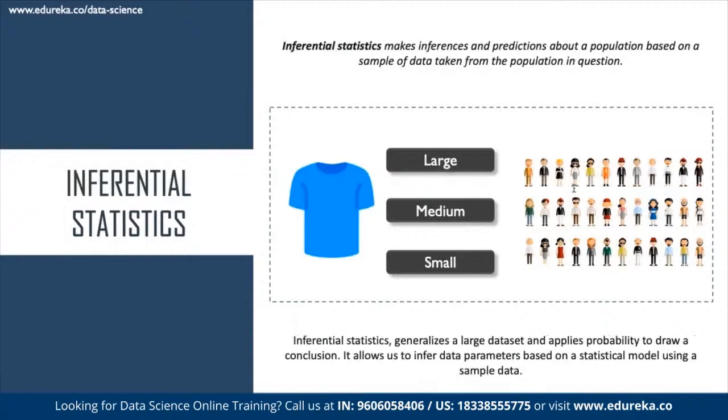And then we have inferential statistics. Inferential statistics basically deals with making predictions about a population based on some sample data, right? For example, suppose we have a large, medium, or small set of data. In inferential, we simply take a sample out of the entire population.